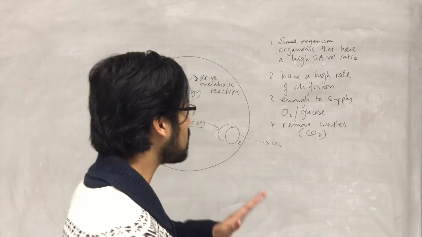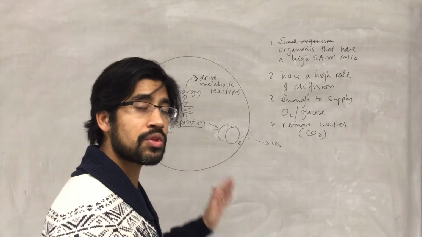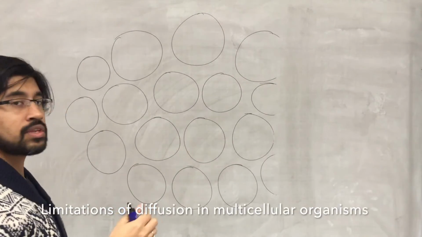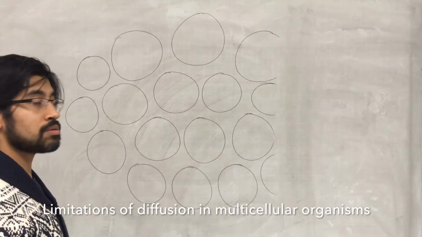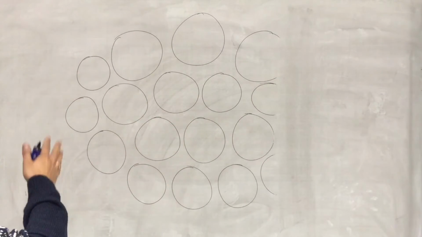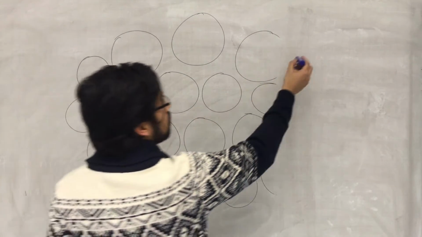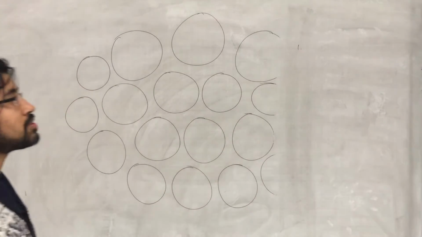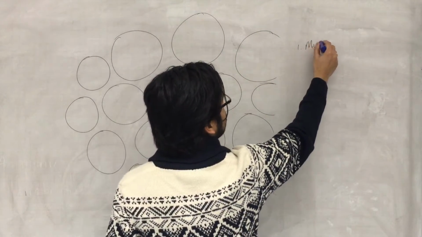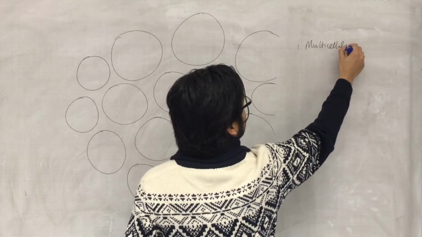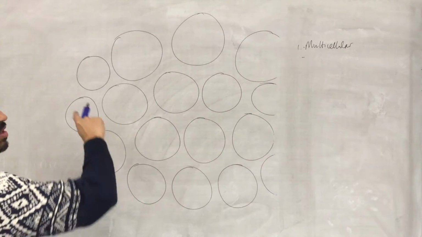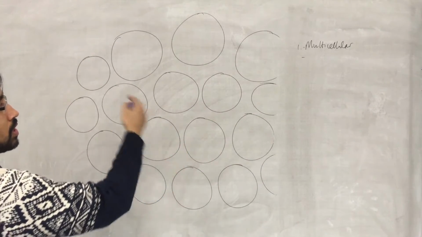Now let's look at the situation when there are more cells. This is now the situation in a multicellular organism. Even if the organism is small, as long as it's multicellular, this is the picture that we could be looking at. What we need to assume about the multicellular organism is that it has a low surface area compared to its volume.